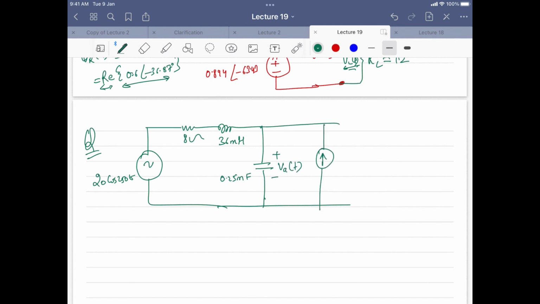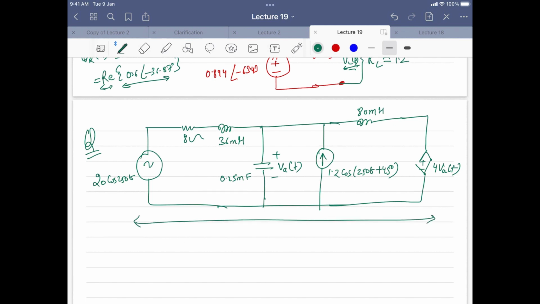You have 1.2 cos 250t plus 45 degrees, 80 millihenry, and then you have this 4 VAT. So if I want to calculate the value of VAT now in this circuit, I'll give you 5 minutes to solve this. Calculate VAT.